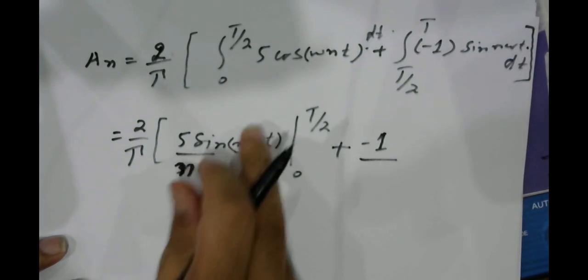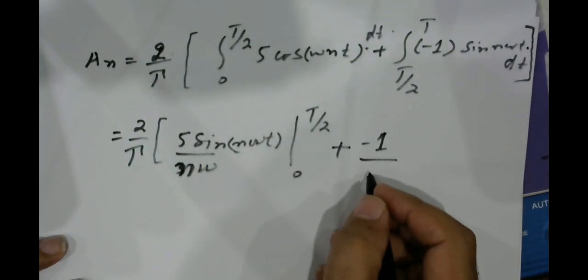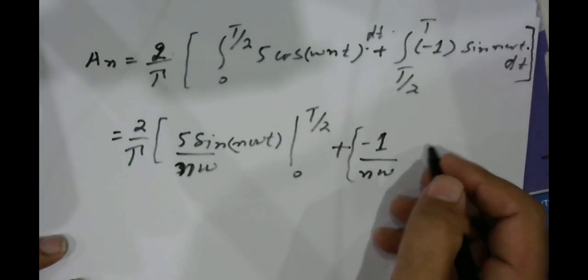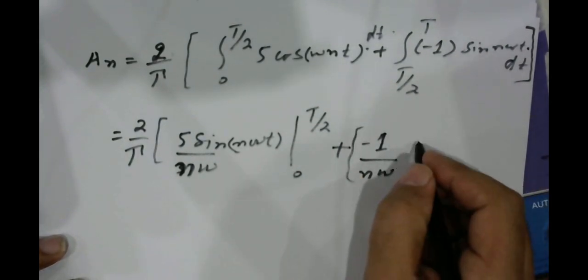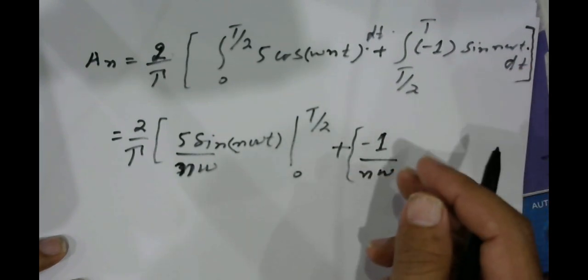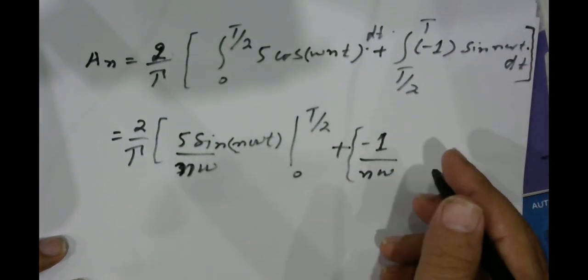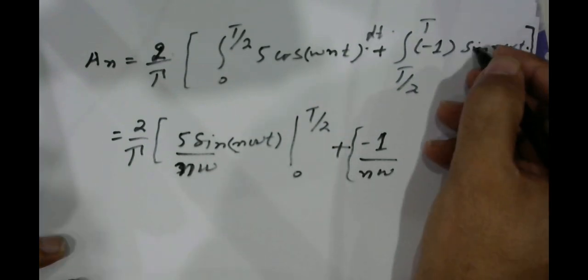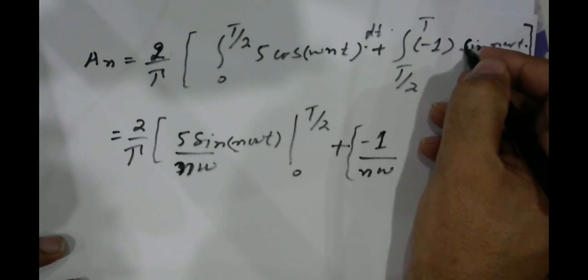You will need to divide this thing by n omega. Okay. The same way you divide it with the n omega. Okay. And you take the inverse of cos omega t. So you get this, sorry, this is not sine, this is cos. Okay. This is cos.